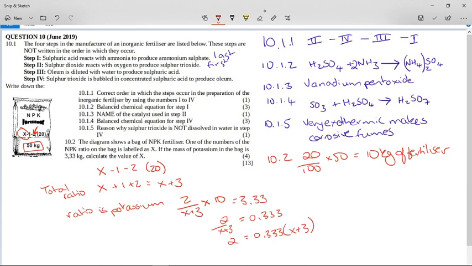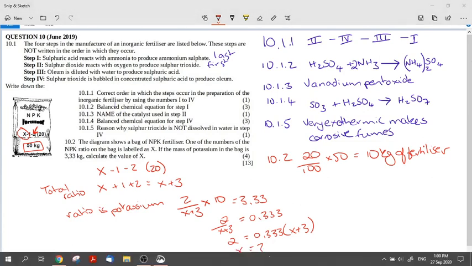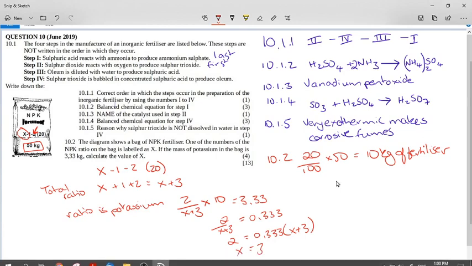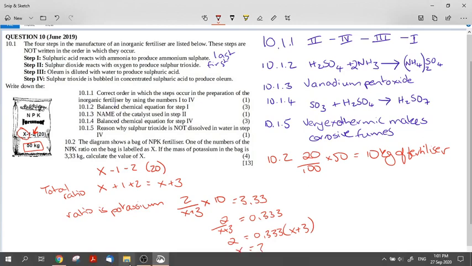I've just brought the denominator over, and then you get 0,333X plus 0,999. It works out here. Do the algebra. X equals 3. And that is what the question is asking you. What is the value of X? So it's 3 parts nitrogen, 1 part phosphorus, and 2 parts potassium. So X equals 3. And that is the end of the question.